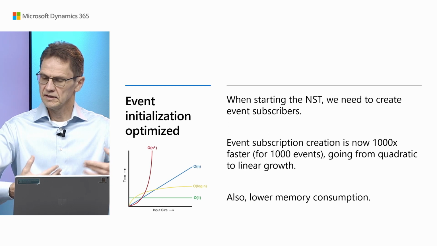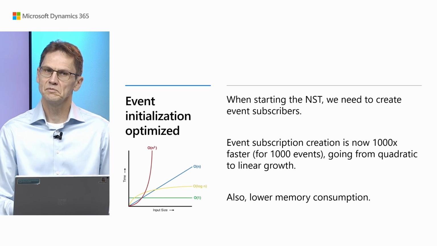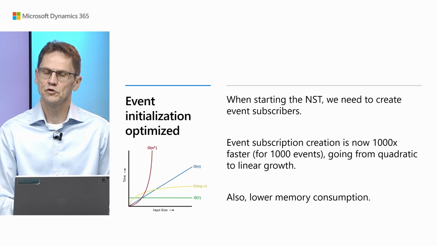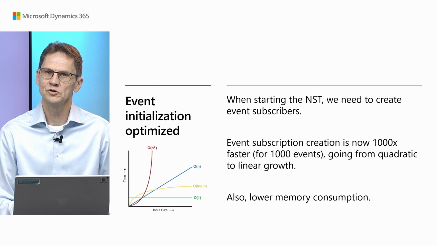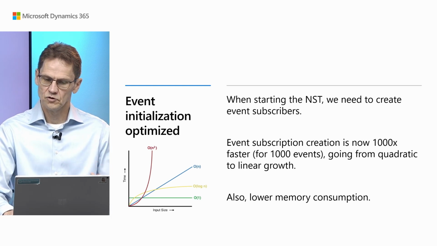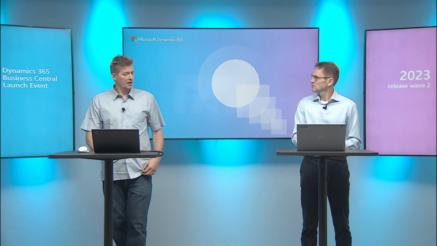So for very busy nodes with a lot of tenants, it means up to 1,000 times faster. You will only see this difference if you are running an on-premise solution for multiple customers, in which case you would also benefit from this change. It also means that we use less memory. That's basically it for the runtime. It's not been our main topic this release.